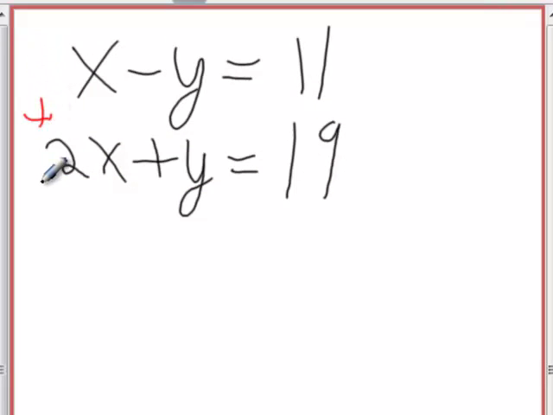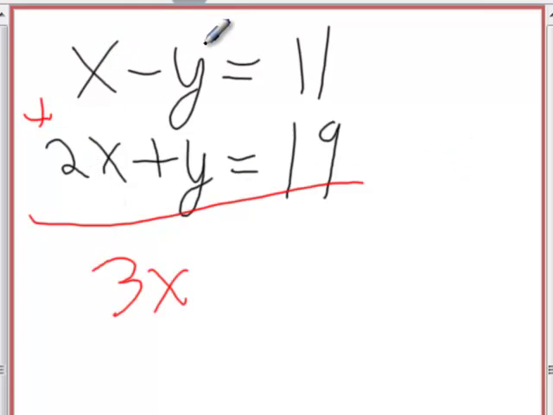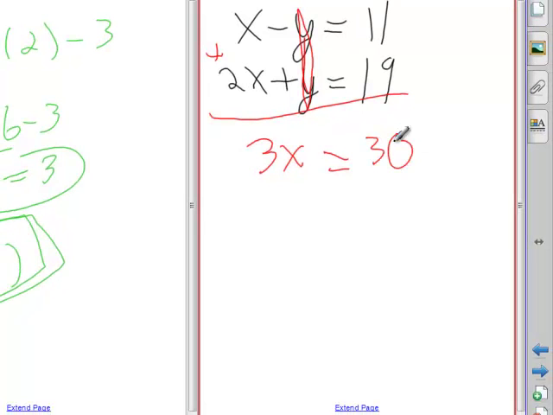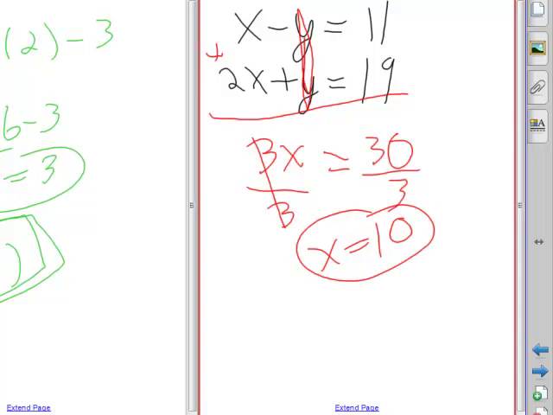I'm going to take these equations and add them. X plus 2x, how's that? 10. Tell me if there's a question. X equals 10.